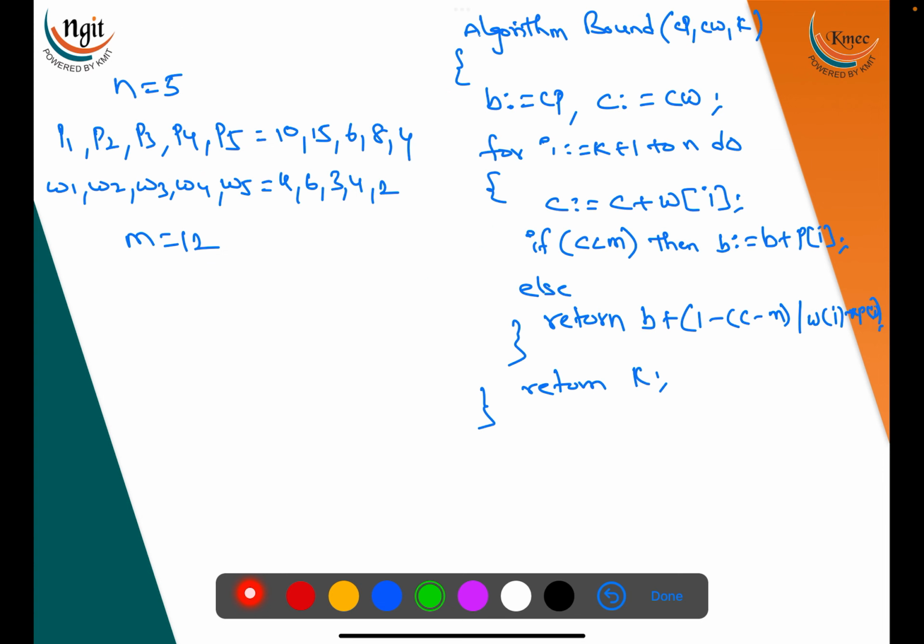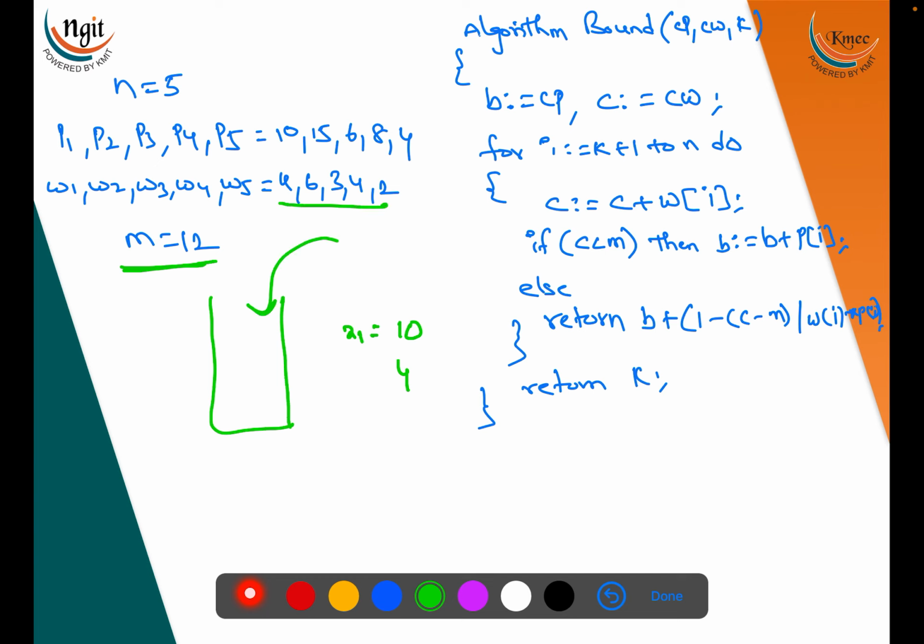Now, we'll solve this problem using the backtracking approach. What is backtracking? Backtracking is a process where we place in a container the first item, with a profit of 10 and a weight of 4. The bag capacity should not exceed 12, right? Now, if you put all the items in, the bag capacity will get overloaded.